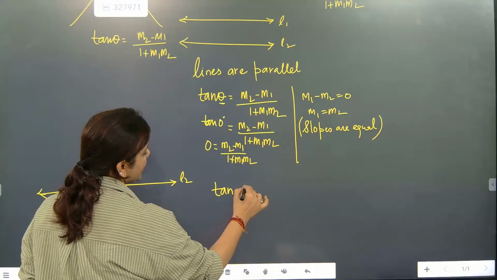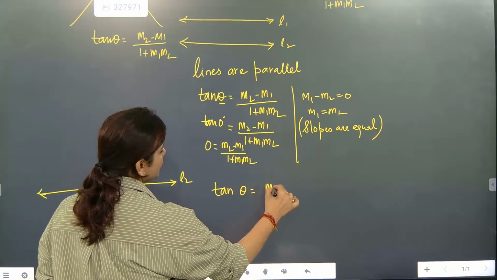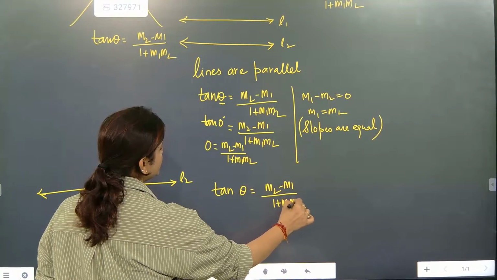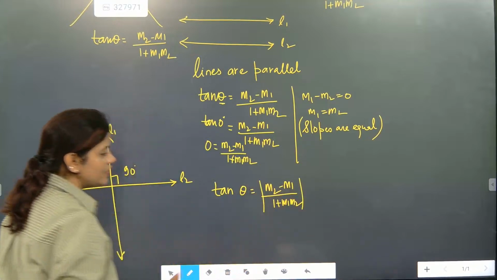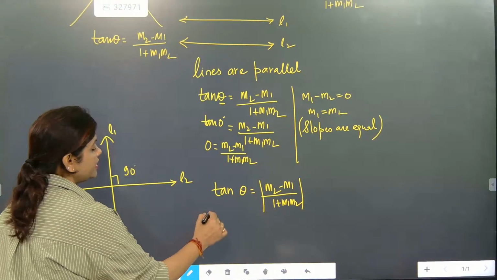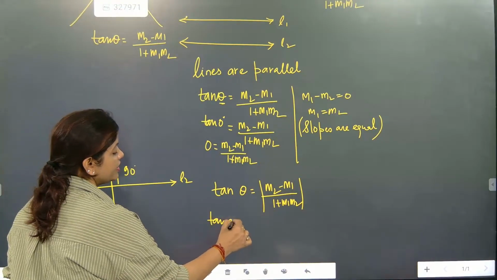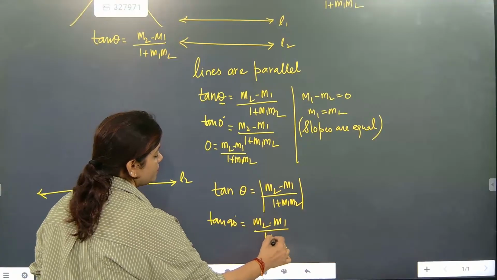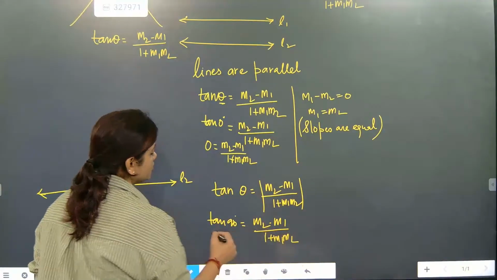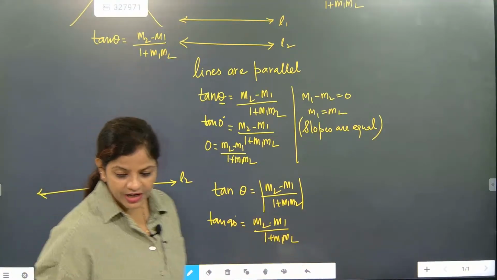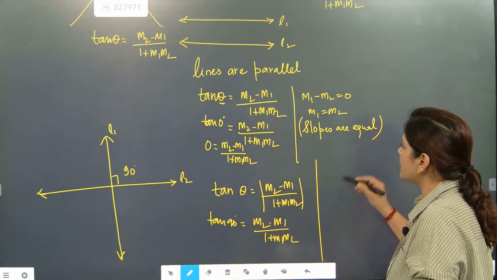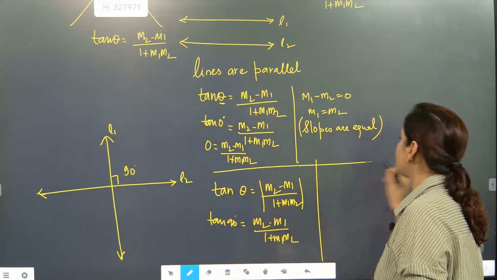Our formula is tan theta is equal to modulus of (m2 minus m1) by (1 plus m1 into m2). The plus or minus we will decide afterwards, but here the angle is 90 degrees. So tan 90 degree is equal to (m2 minus m1) by (1 plus m1 into m2). So tan 90 will come as infinity.